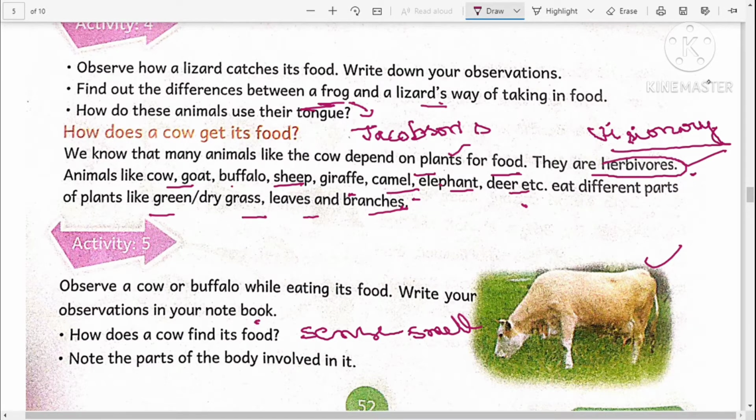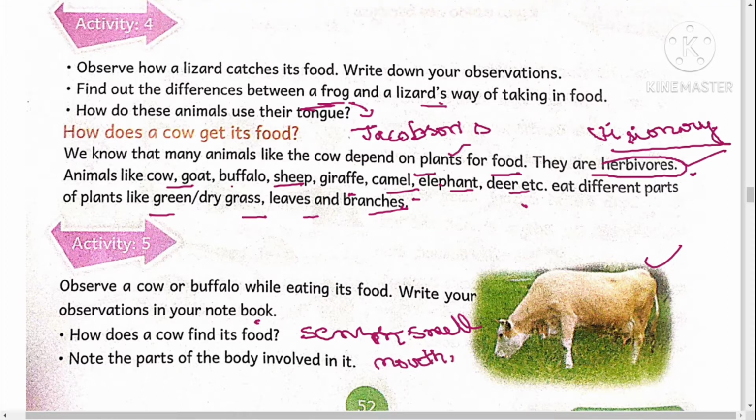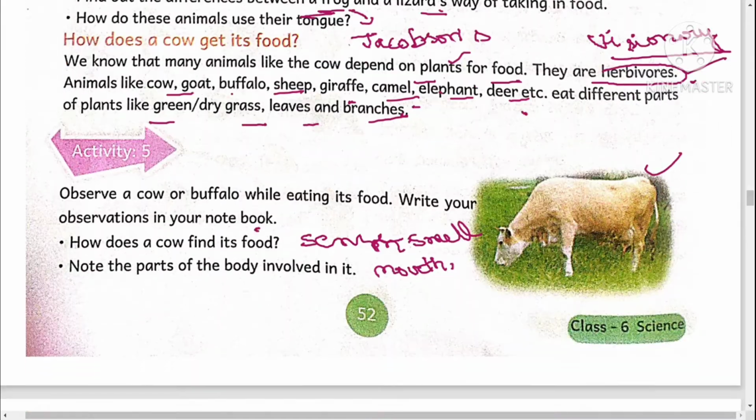So next question. Note the parts of the body involved in it. So what are the parts involved while taking food? Mouth and tongue. So mouth and tongue are involved, to take food inside the body.